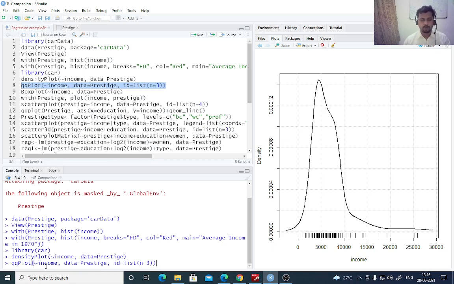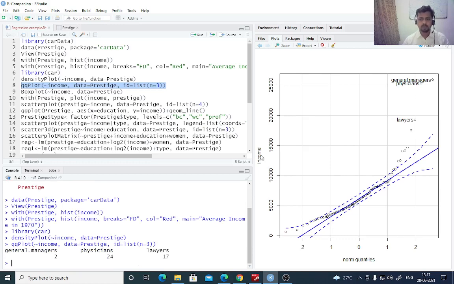The argument starts with a formula, with the variable on the right-hand side, that's why you have a tilde sign over here. So this is the variable income, and this argument automatically identifies the three main points which are more or less unusual points in your data.